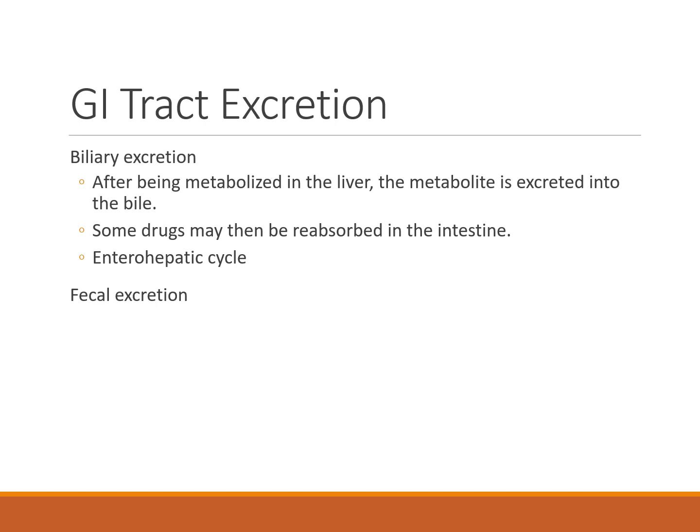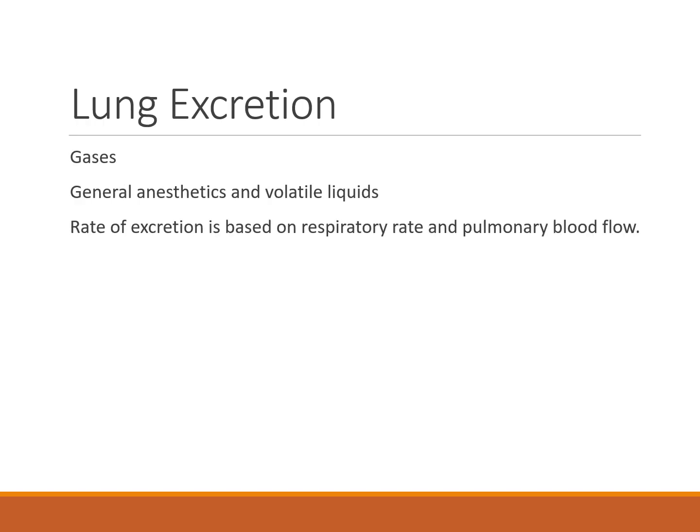GI tract excretion, biliary excretion. After being metabolized in the liver, the metabolite is excreted into the bile. Some drugs may then be reabsorbed in the intestine, and that's the enterohepatic cycle, and it's fecal excretion after that. Lung excretion, gases, general anesthetics, and volatile liquids.